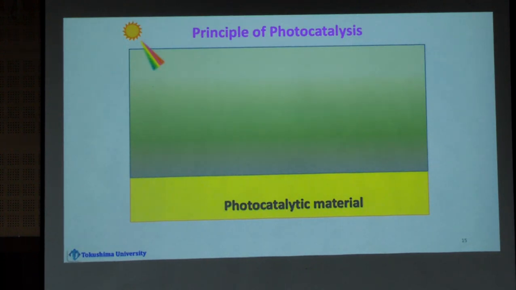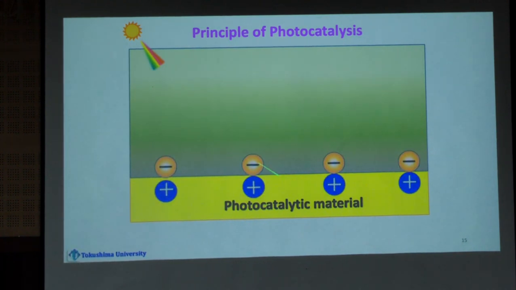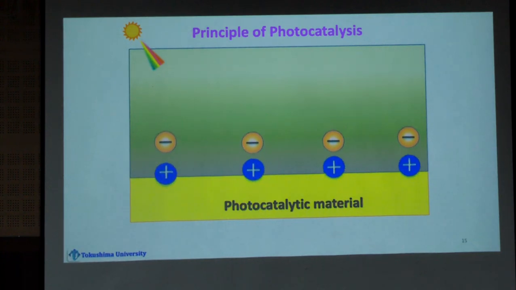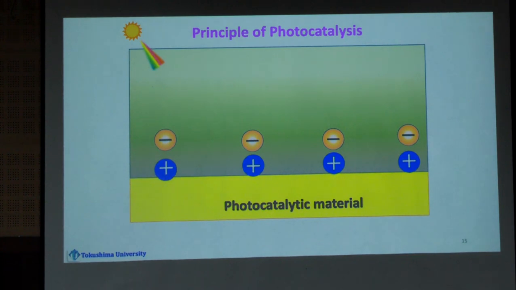Now, you take one photocatalyst, okay? Any material, semiconductor material, two-dimensional based material. This is your photocatalyst material. We put the light on the surface of the photocatalyst. On the surface there are positive and negative charges. When we put the light, both charges get excited.